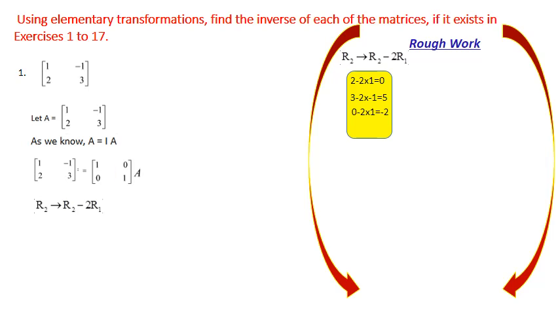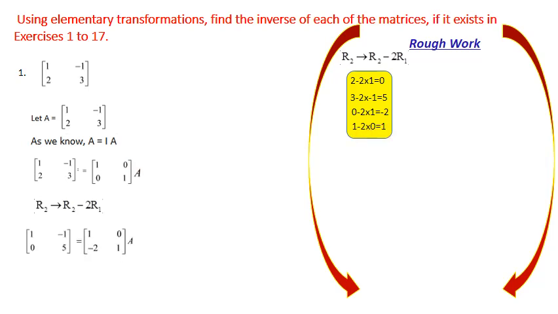Next, this 0 in row 2 will change as 0 minus 2 into 1, which equals minus 2. Next, the 1 will change as 1 minus 2 into 0, that is 1.